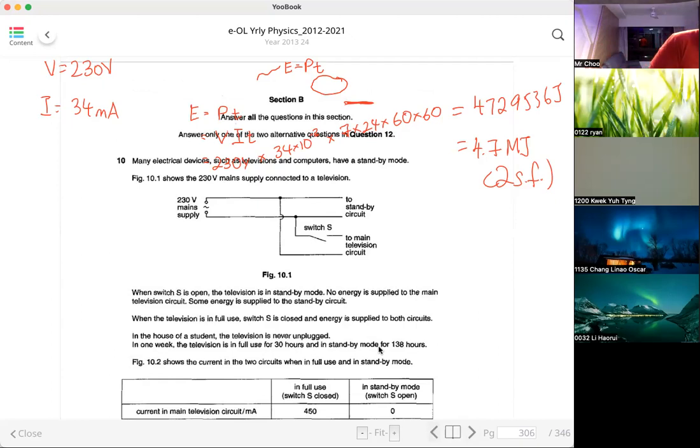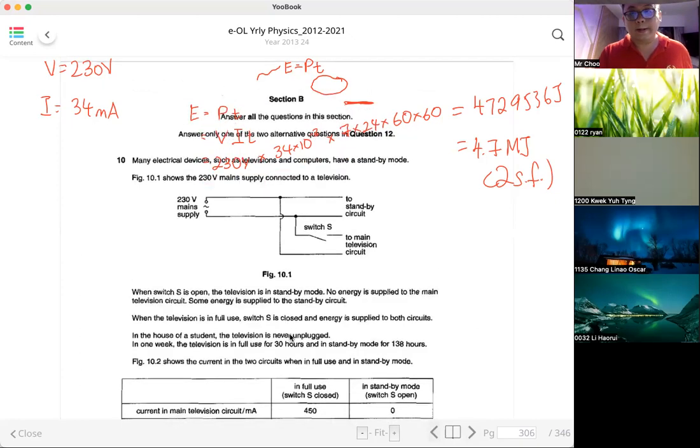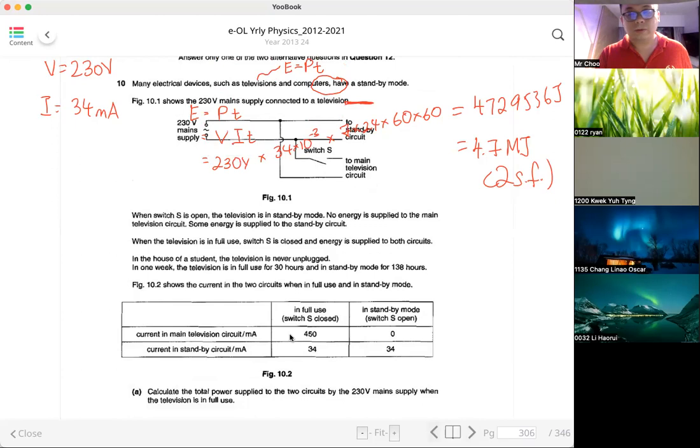Okay, hold on. Oscar highlighted a very good thing. Oscar says that in the question, the student in 1 week uses the TV for 30 hours and then standby for 138.